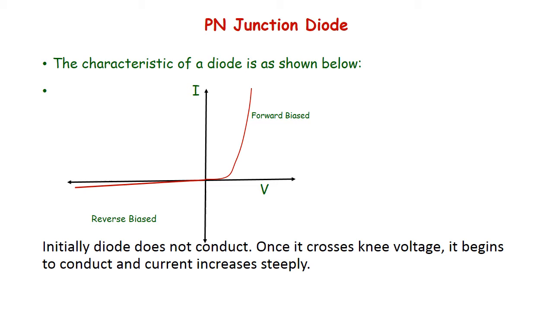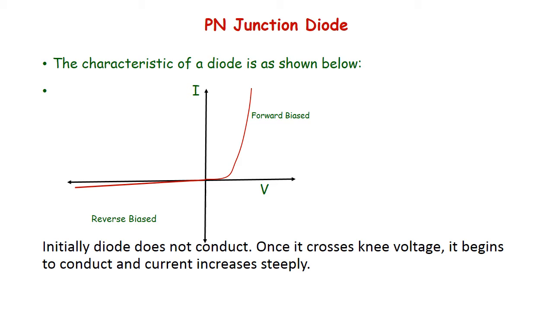That is the potential across the depletion region. So unless the applied potential exceeds this potential, this is for a silicon diode 0.7 volts and for a germanium diode it is 0.3 volts. So unless it exceeds this voltage, it does not conduct.